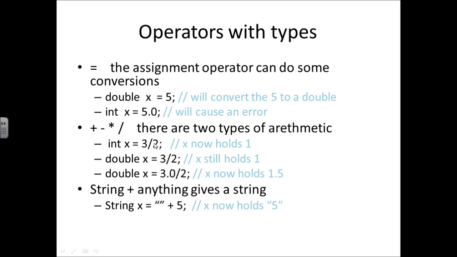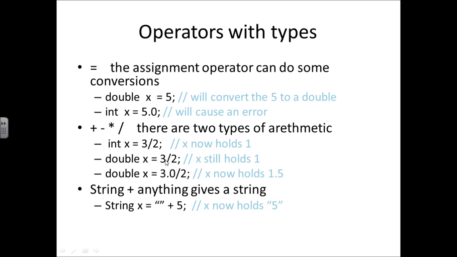If both of the numbers involved in arithmetic are integers, it will do the calculation and throw away the remainder. So 3 divided by 2 is 1 with a remainder of 1. It will assign the 1 to x and throw away the remainder of 1. So it does integer arithmetic if both are integers.